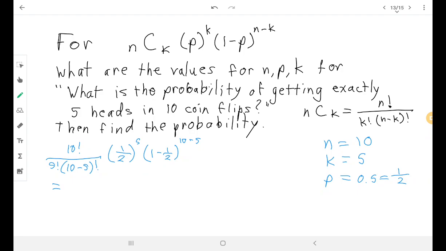So now let's take a moment on the side here to talk about what 5 factorial means. There's 5 factorial, 5 exclamation point. What that means is 1 times 2 times 3 times 4 times 5. And 10 factorial means 1 times 2 times 3 times 4 times 5 times 6 times 7 times 8 times 9 times 10.